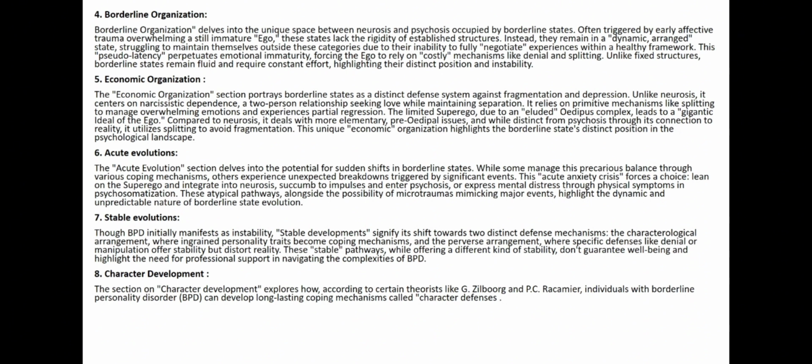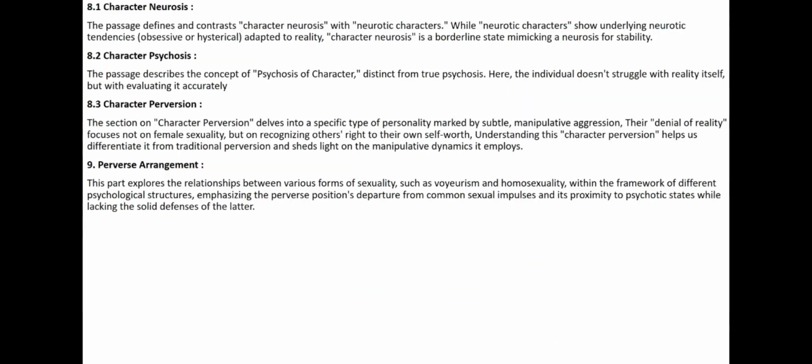Then there are the stable developments, which signify a shift towards two distinct defense mechanisms: the characterological arrangements and the perverse arrangements. Then there is character development, which contains character neurosis, character psychosis, and character perversion. And the last one is perverse arrangement, which explores the relationships between various forms of sexuality.